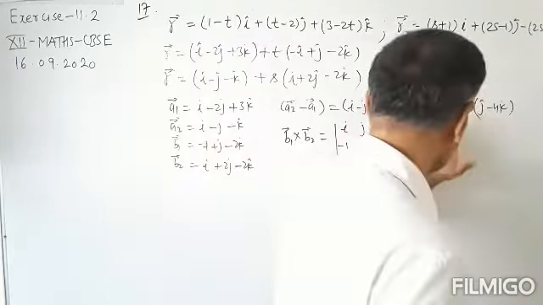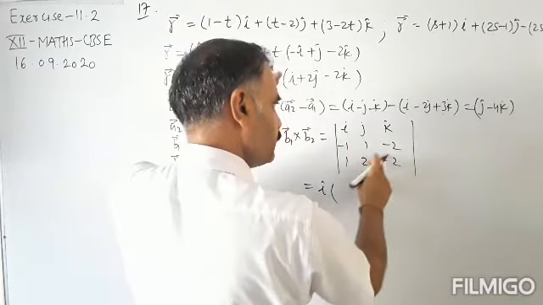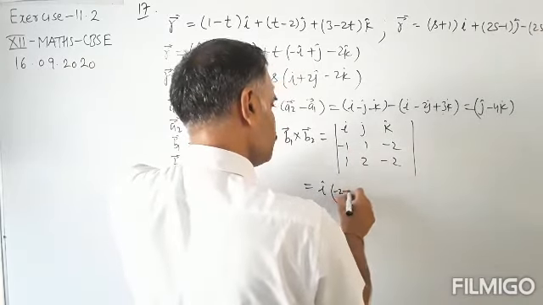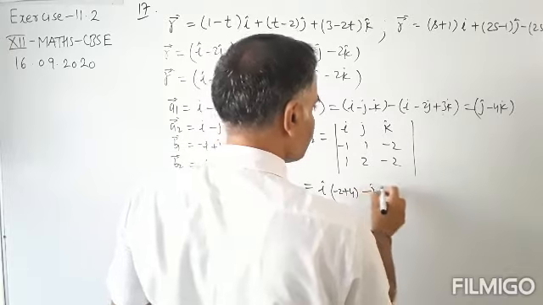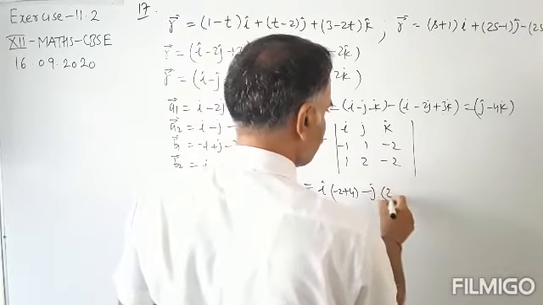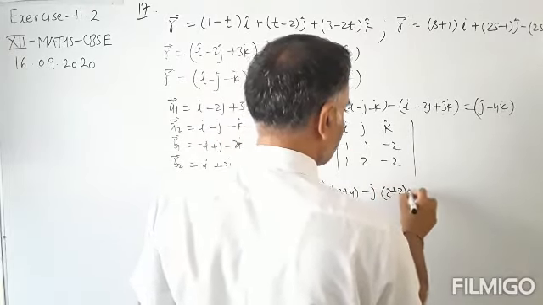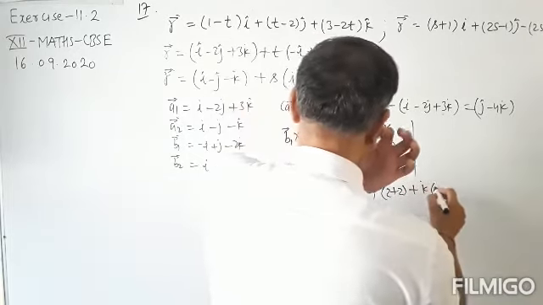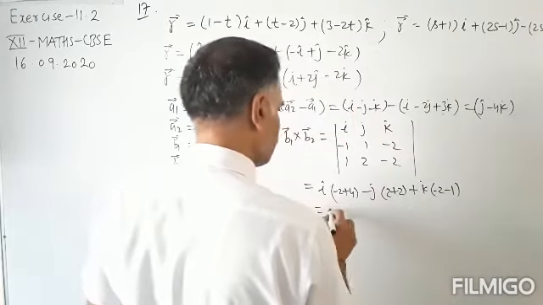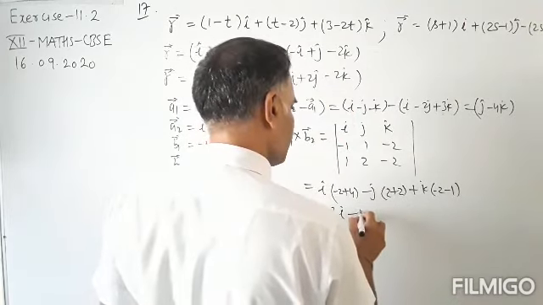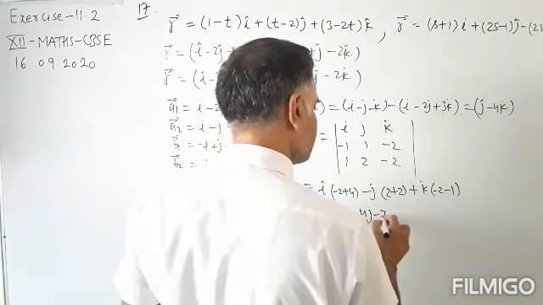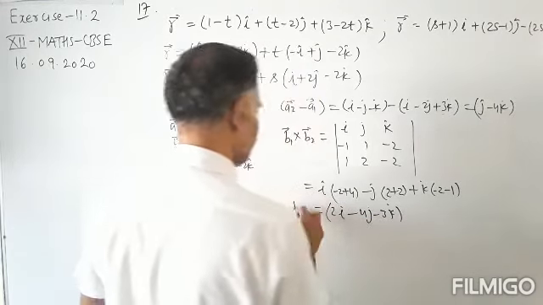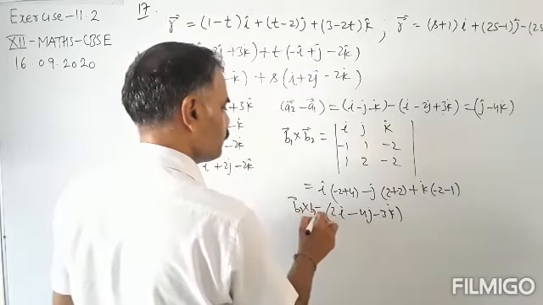Now we calculate this: i cap times (minus 2 plus 4), minus j cap times (2 plus 2), plus k cap times (minus 2 minus 1). So this equals 2i cap minus 4j cap minus 3k cap. This is B1 vector cross B2 vector.